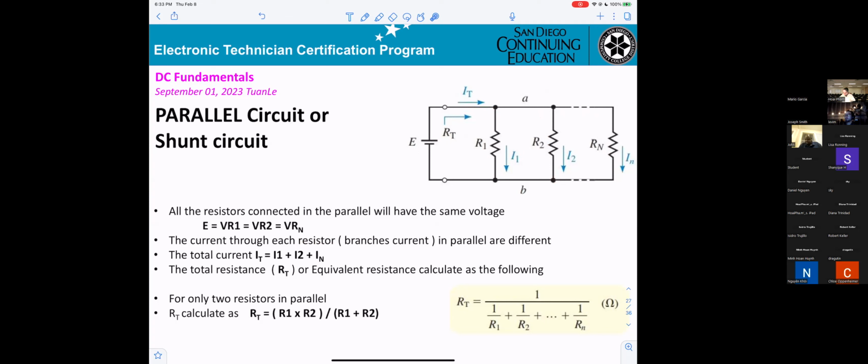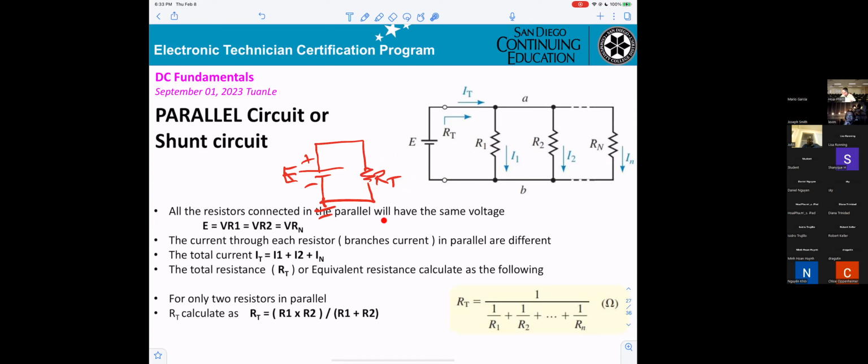Now I don't want this circuitry, I want the circuitry this way: only one resistor and one voltage. That means you have to combine R1, R2, Rn into one resistor, we call R total.